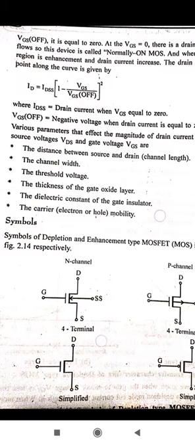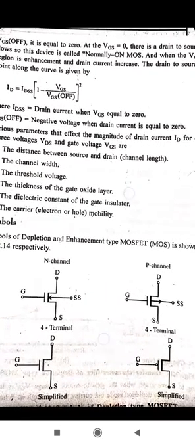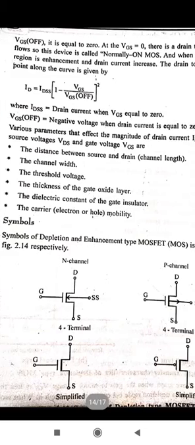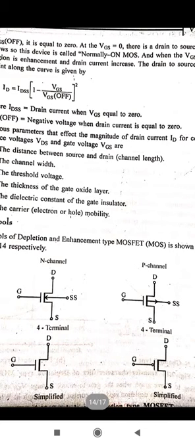Here we will explain the different types of symbols. The three terminals are the gate, drain and source, but the fourth terminal, called the body or substrate, is also present, so four terminals are present. First one is N channel and next one is P channel. In the N channel the arrow goes from source to gate, and in the P channel from gate to source. The next one is a simplified diagram that generally shows the gate, drain and source.